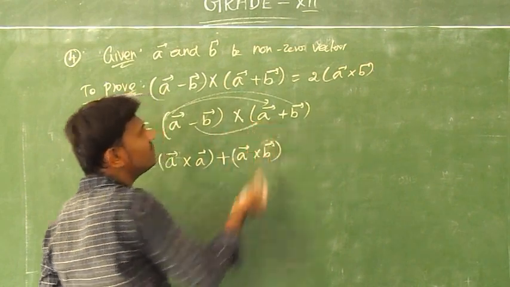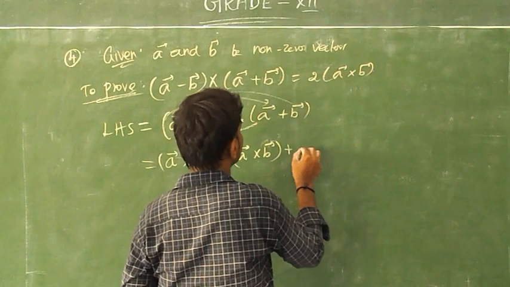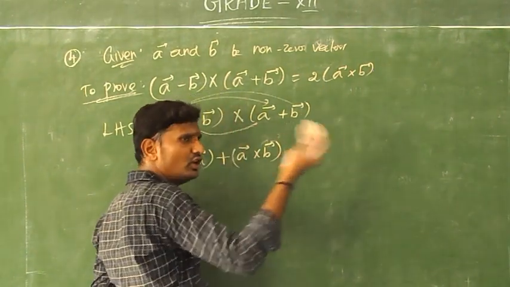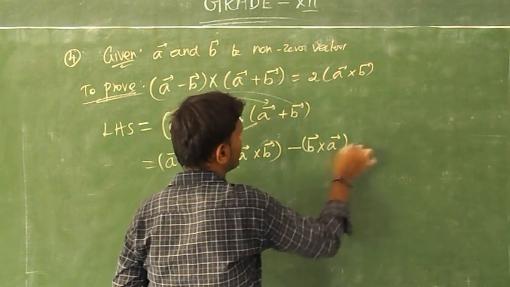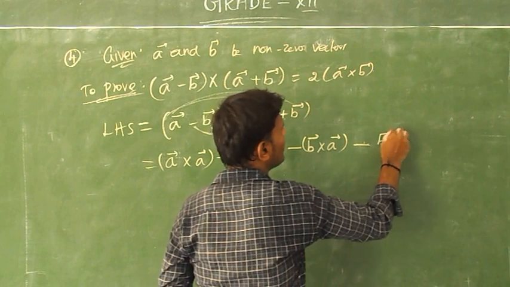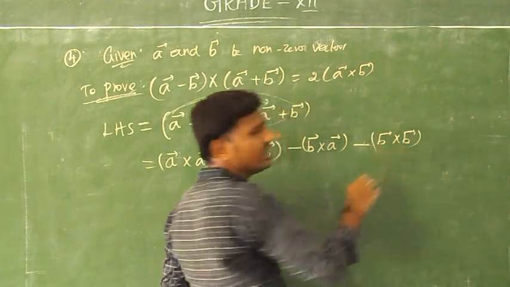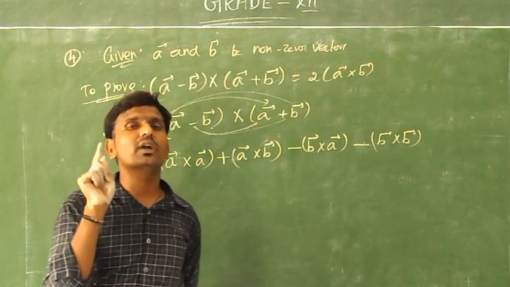Then minus b vector cross a vector. Then again minus into plus, minus b vector cross b vector. See, after this step and before that, you have to remember one observation.